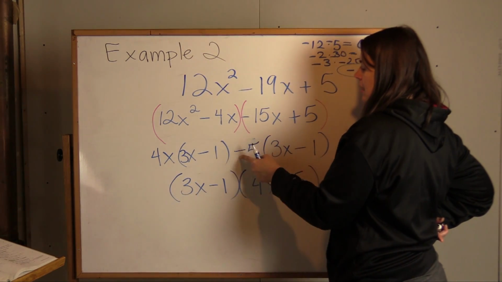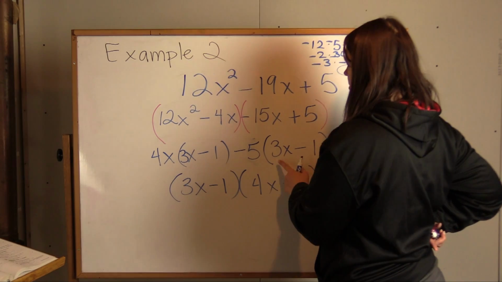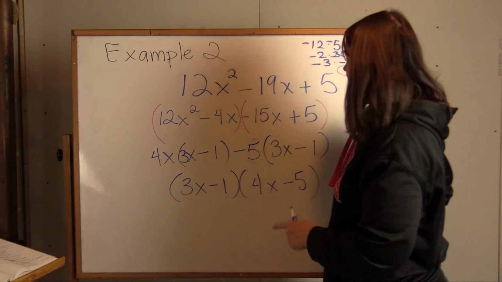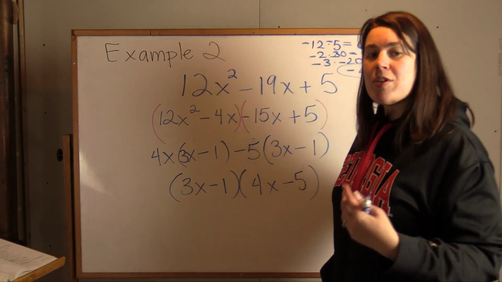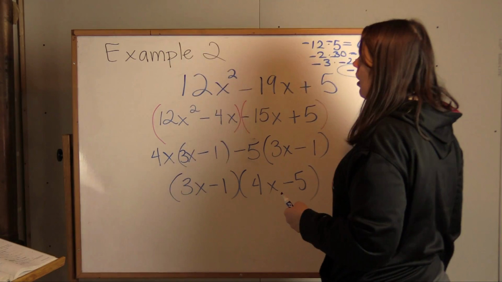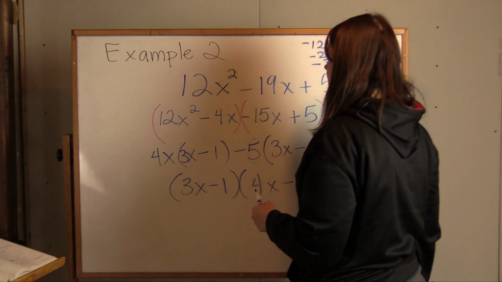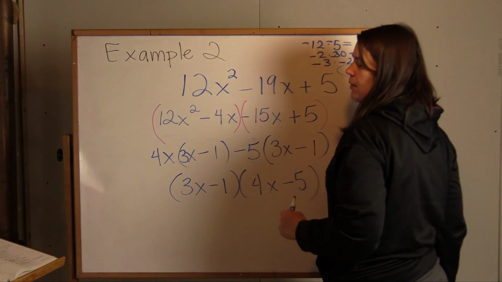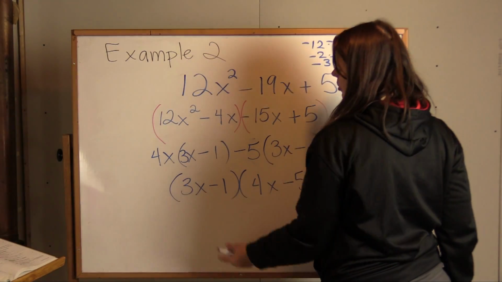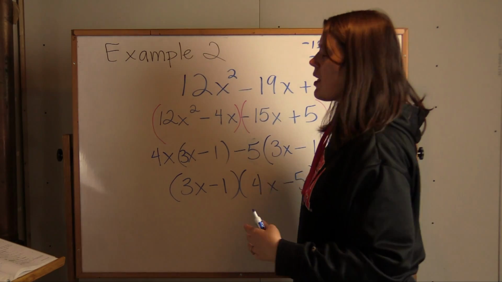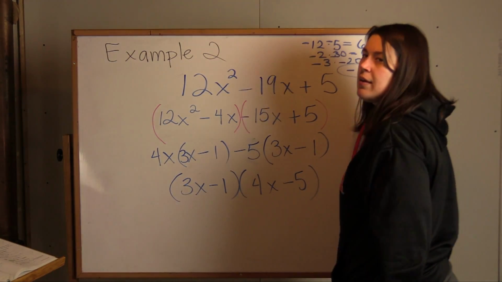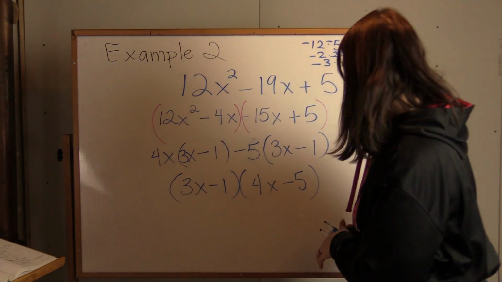So negative 15x divided by negative 5 is positive 3x. Positive 5 divided by negative 5 is negative 1. So you can also use the division method as well. Okay, so once I did that, I noticed, oh, I have 3x minus 1 and 3x minus 1, a common factor. So I pull out the 3x minus 1 from both terms, and I'm left with 4x minus 5. And that's my final answer.